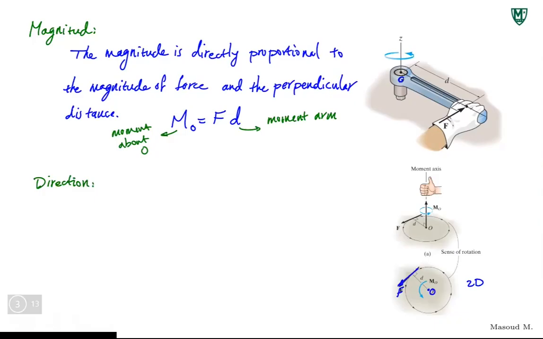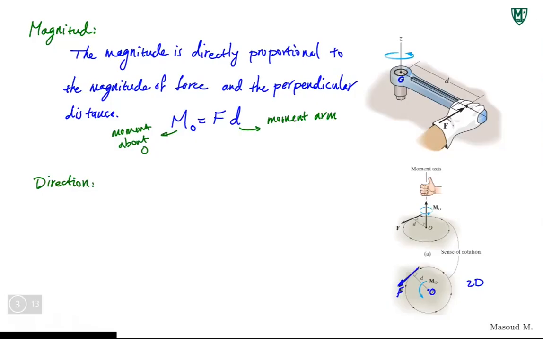Then if I start making a fist, that is going to be the direction of the moment in 2D space, which is represented here by a blue vector around point O, MO. Now, if you look in 3D space, like what we have at the top, it's the same story, making a fist, but in 3D space, because it's a vector, my thumb shows the direction of the vector.